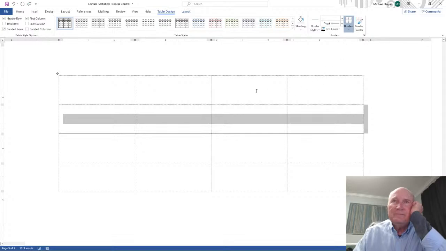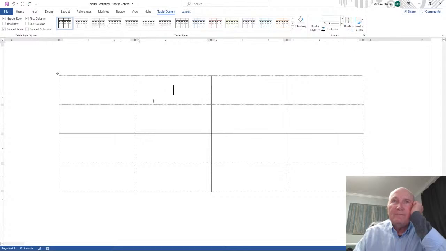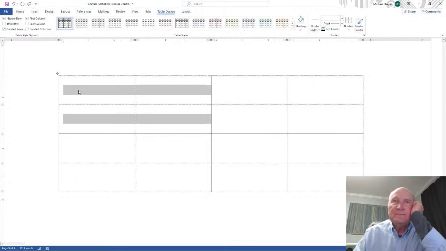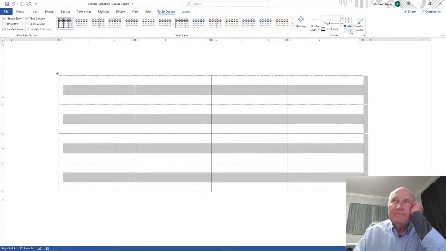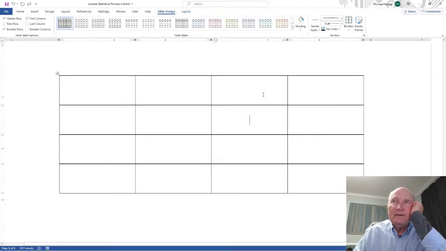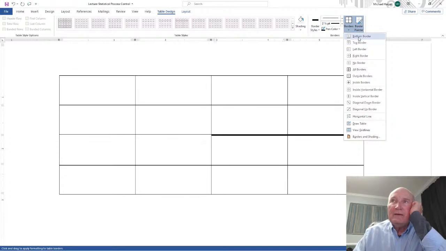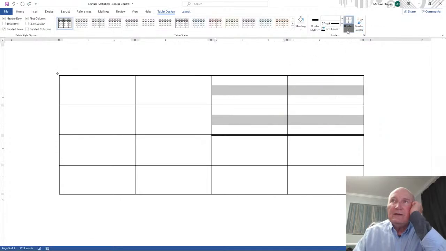Bottom, left, okay. Okay, now I need these. Let's do it this way. Here we go. Now then, I need to make this heavy, and it'd be a bottom and a left.